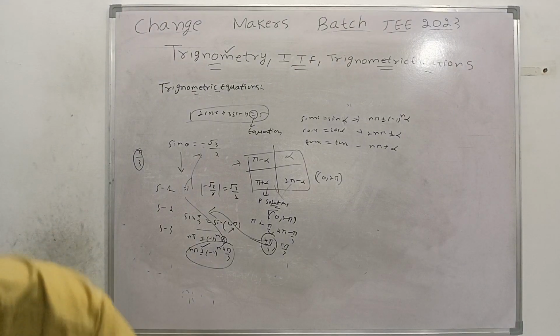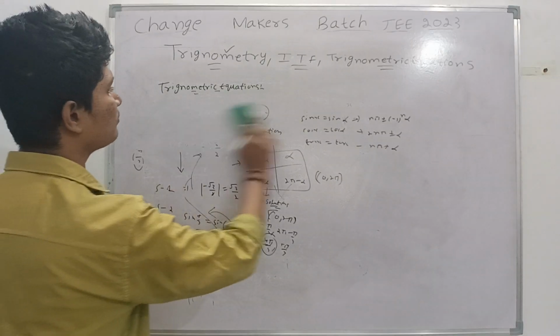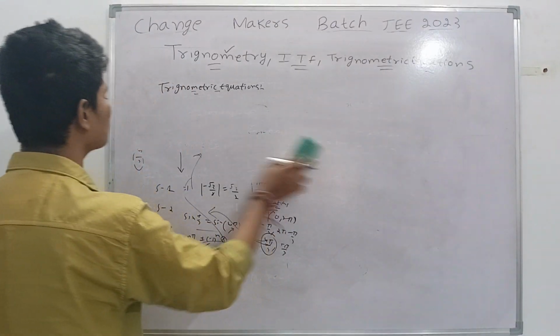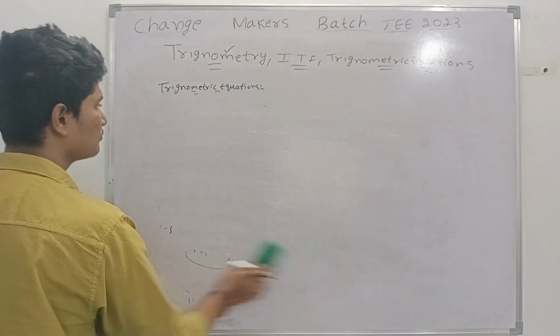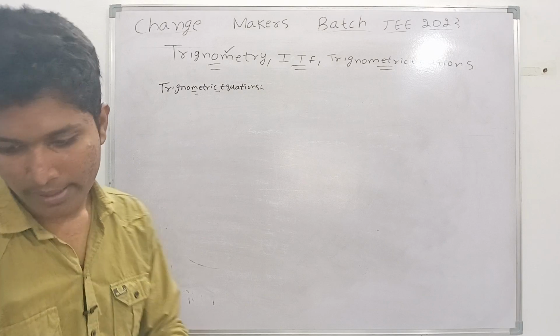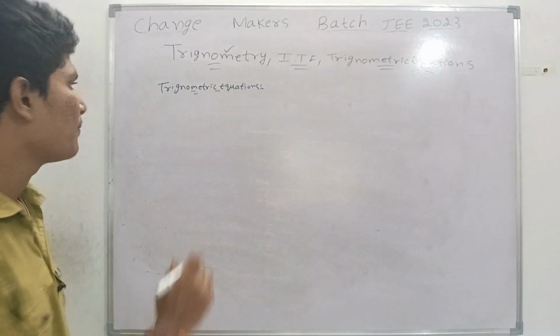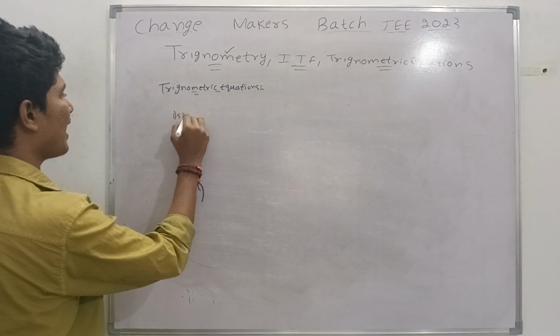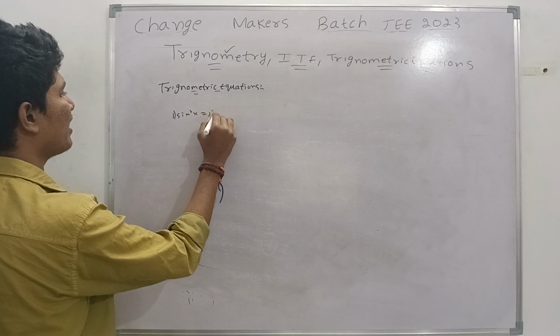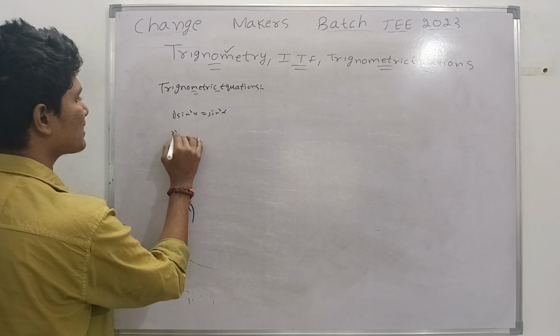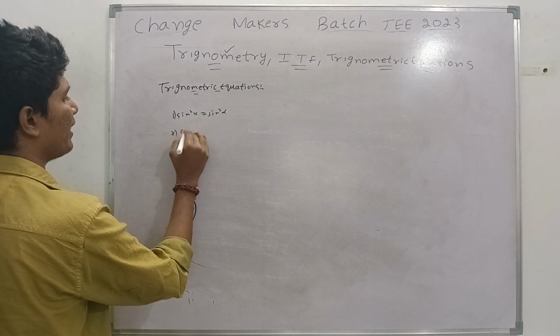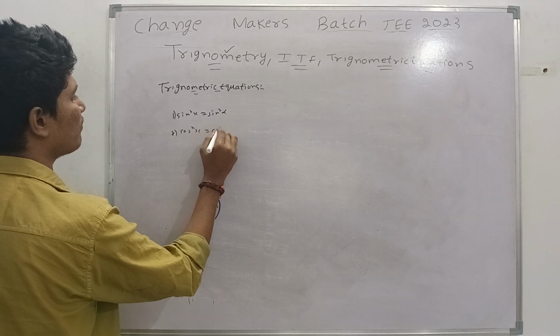Now we get into another form, where you will see sin square x equal to sin square y. Here we are getting squares. And next cos square x equal to cos square y.